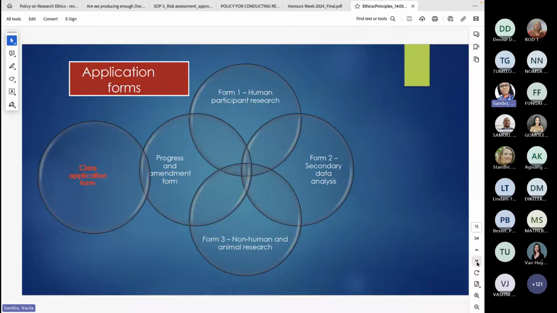And then there's the progress and amendment form. I indicated in the previous slide that if a study is considered high risk, one would need to report to the committee on the progress of that study. They would use the progress and amendment form. And then there are, of course, instances where the procedures of the research would have changed from how you originally anticipated. For example, I was looking at an amendment application this morning where the organization has changed.